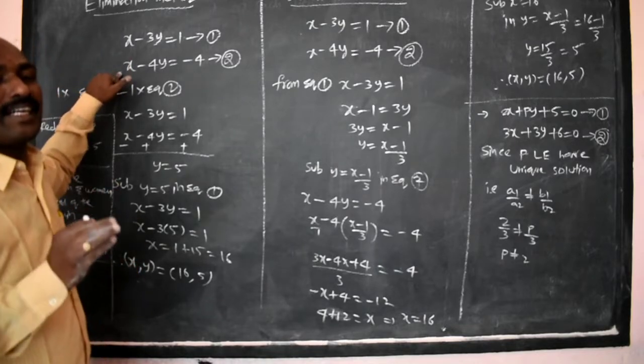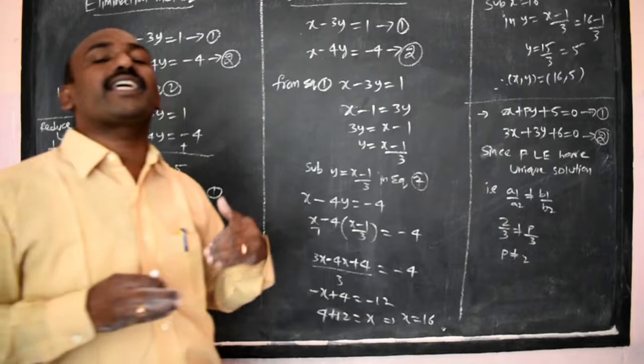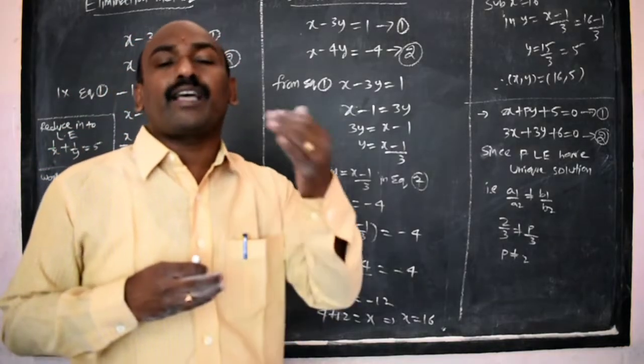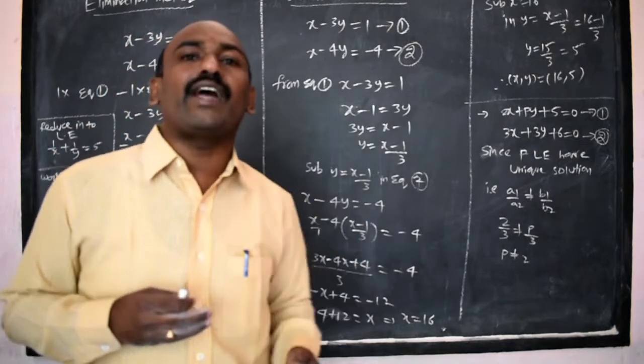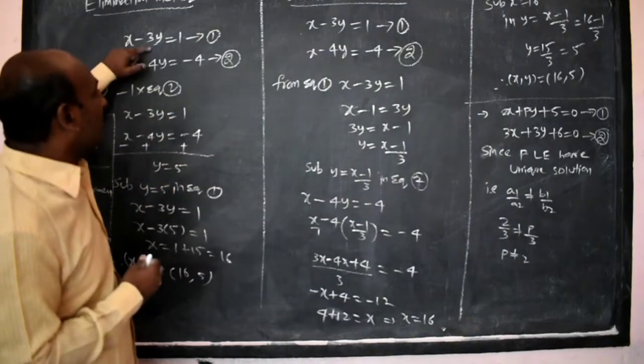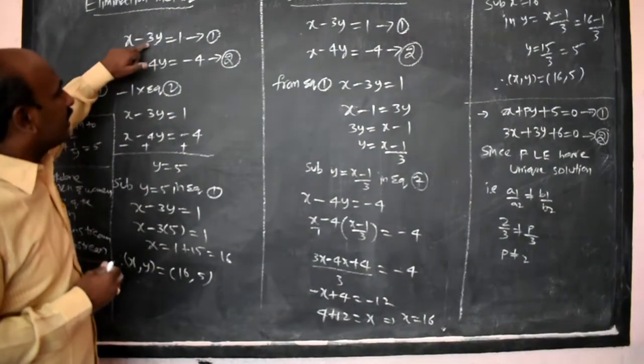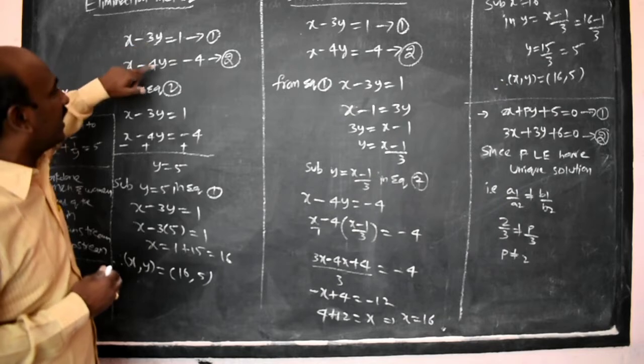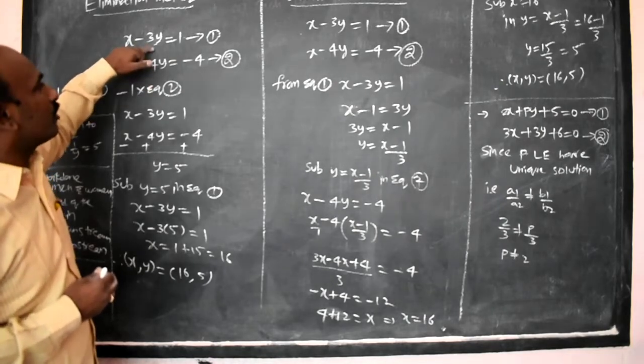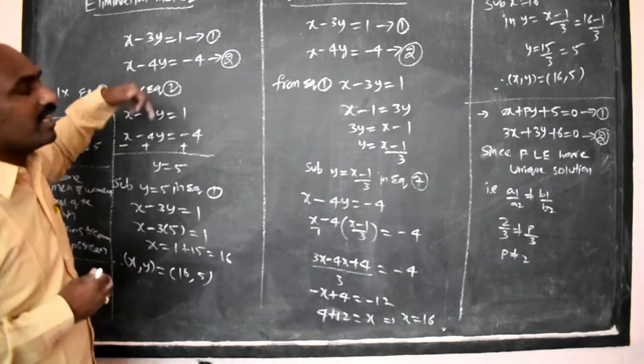If the sign is the same, then we subtract the equations. If the sign is different, then you have to add both equations. If I want to eliminate y, here I need to multiply by 4 and here I have to multiply by 3. Then you will get 12y, 12y. The sign is the same, then you have to subtract.